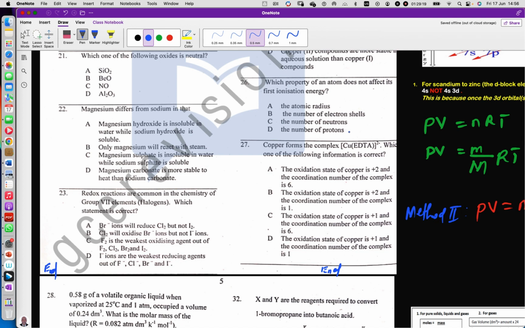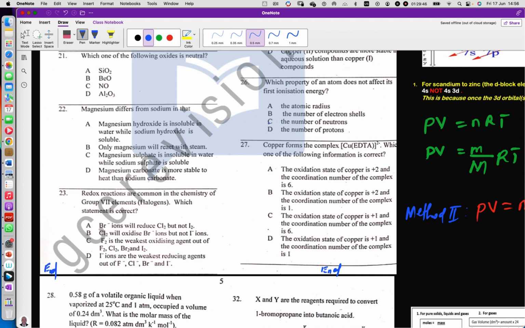The more the number of protons, the higher the nuclear charge. And the higher the nuclear charge, the higher the attraction of the nucleus to the outermost electrons, and more energy is now required to remove the first electron. So all these affect the first ionization energy of an atom, except neutron, which is C. Our answer is C.